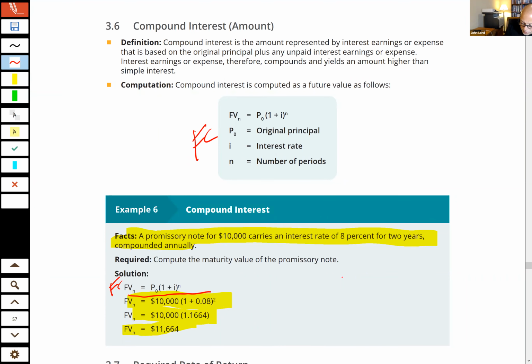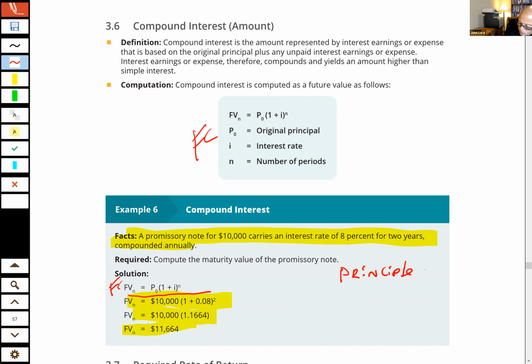You could take the 10,000 and take the period 1 interest, add it to the original principal amount, and then you would go ahead and take the period 1 interest plus the 10,000 in this case, or we could just call that principal to make it more general, so it doesn't have to be specific. It's not always going to be 10,000.